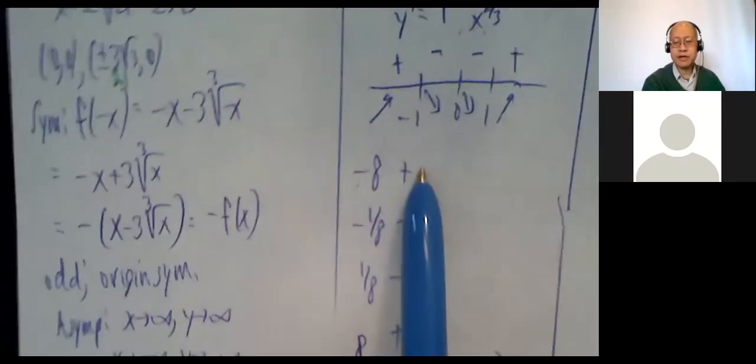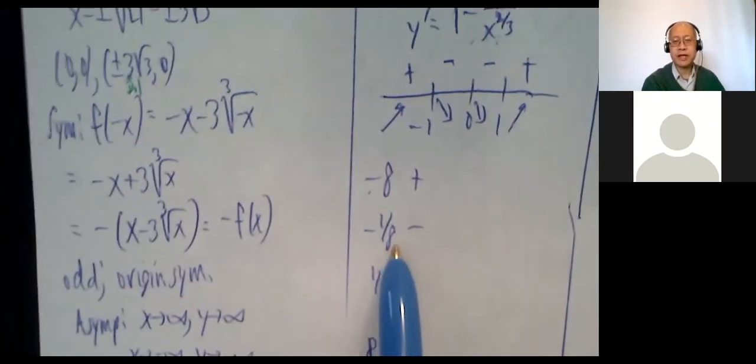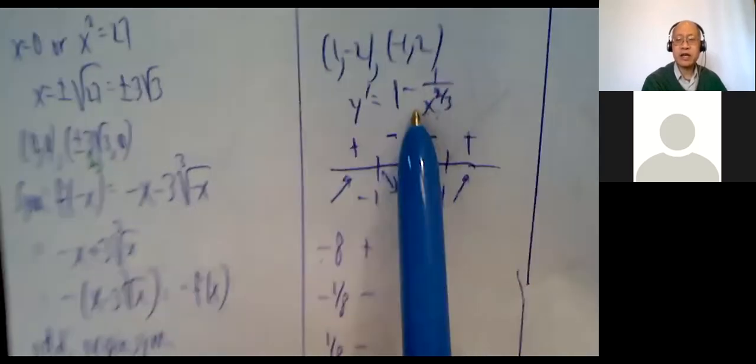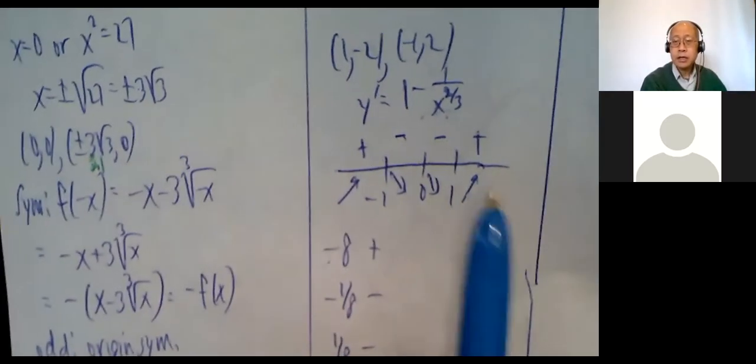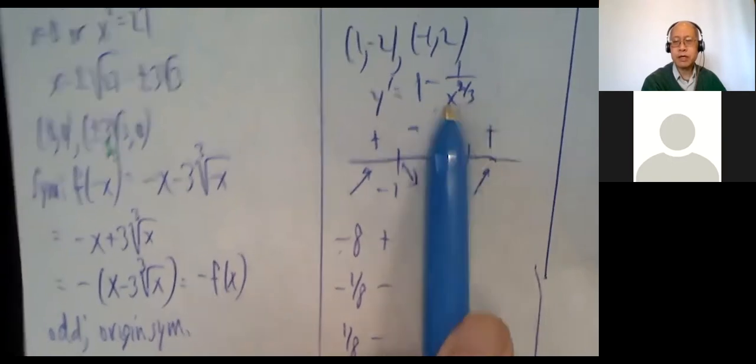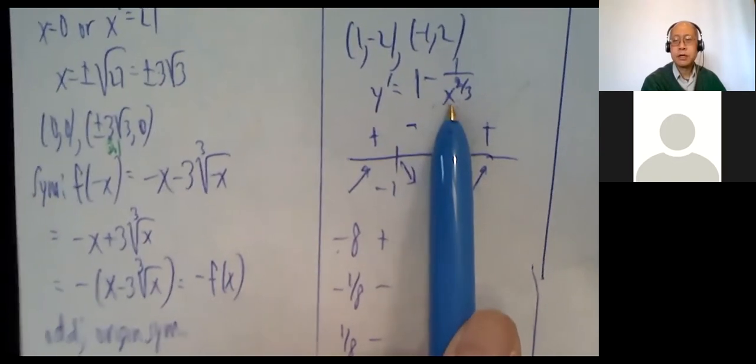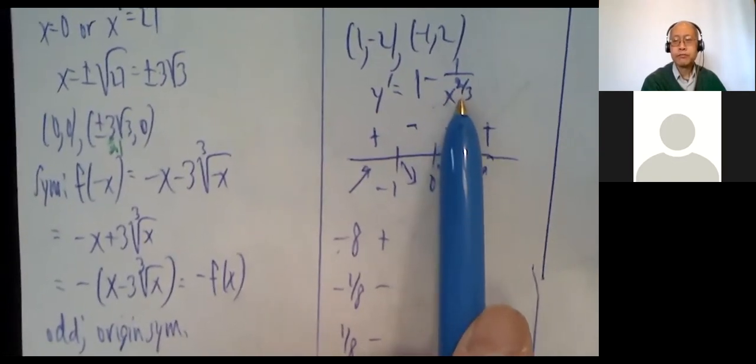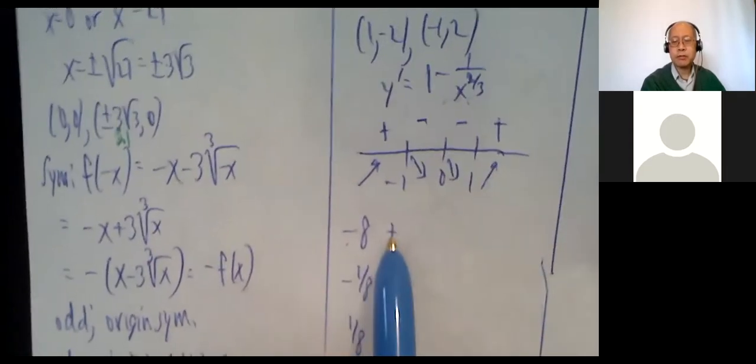Then I'll do the harder ones, but now that you see the pattern, hopefully you can get that. -8, cube root of -8. That's what the 3 means. -2. -2 squared is 4. So I have 1 minus 1/4, positive.